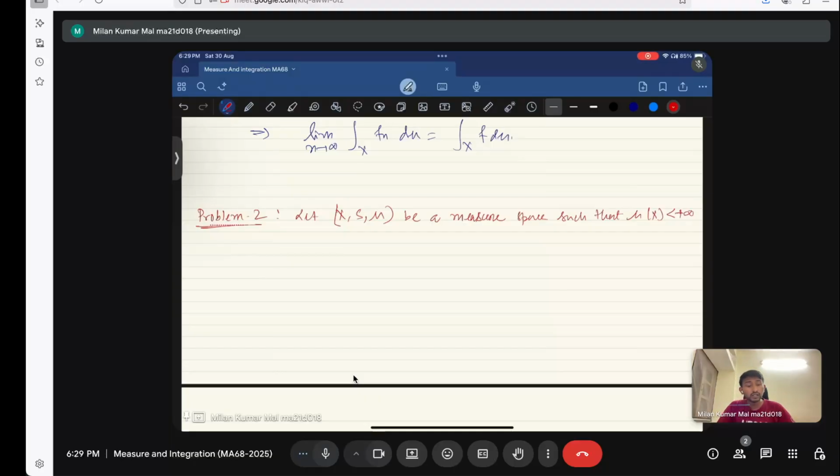That means mu of X is finite, that is a finite measure basically.